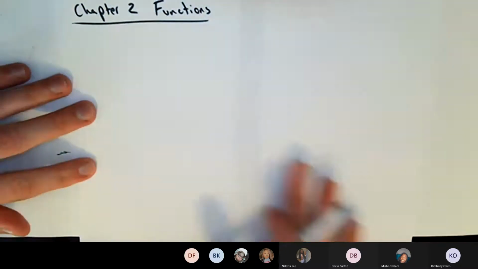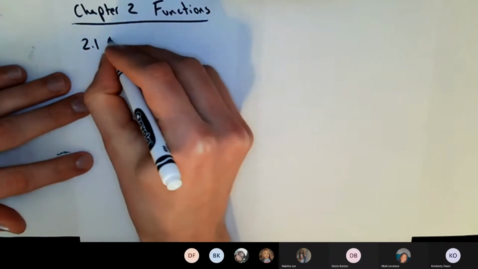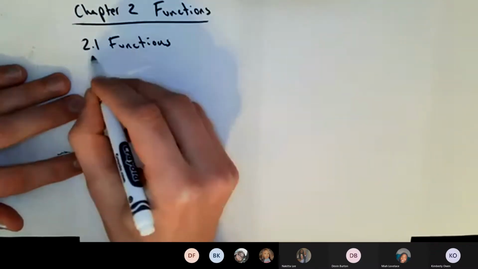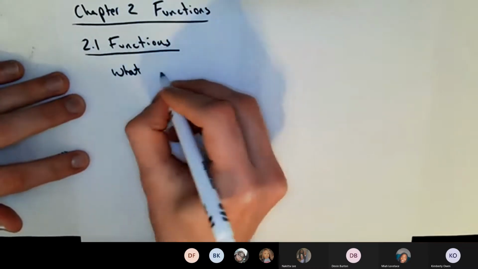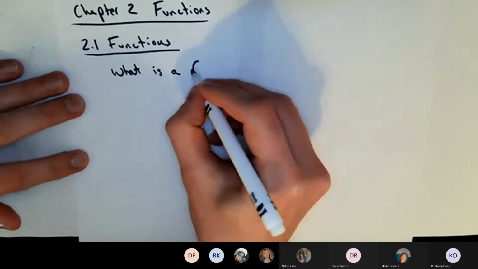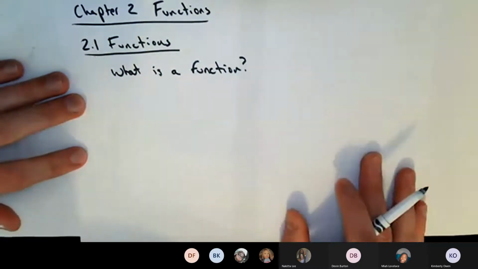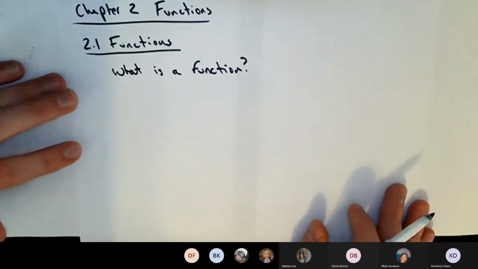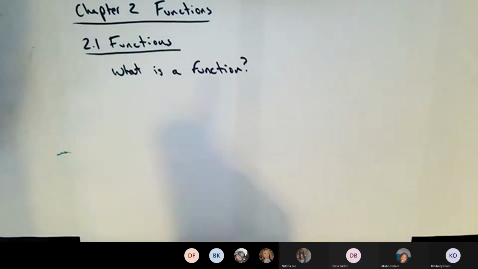All right, so in section 2.1, which is also just called functions, we're going to be talking about what a function is, so the definition of a function. I'll give you the formal definition, but since the formal definition is a little strange, you may not have seen something like it before.